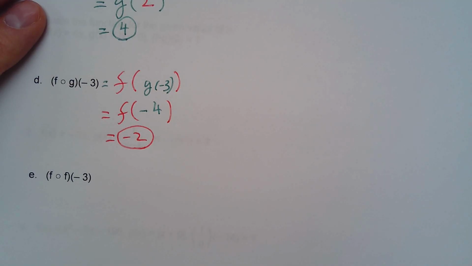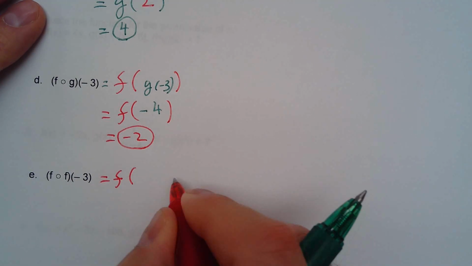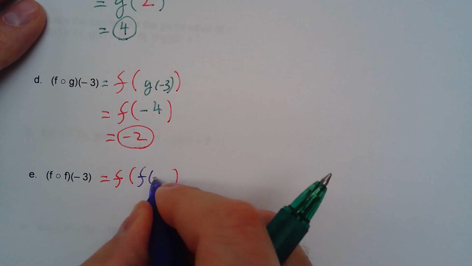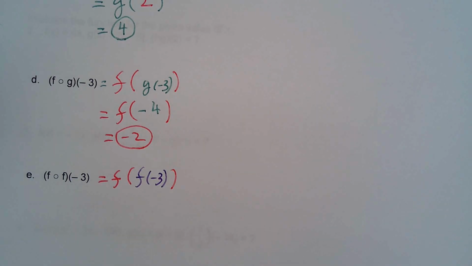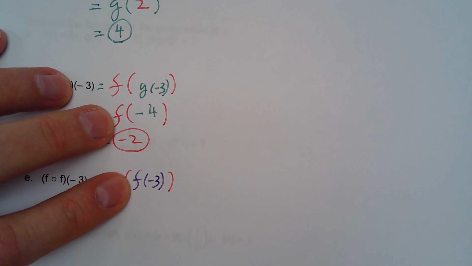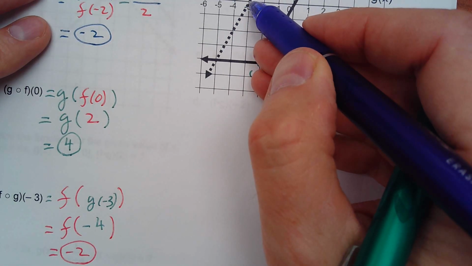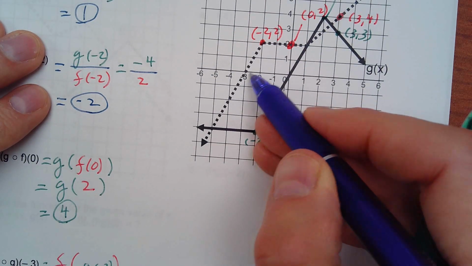All right, this last one's a little bit weird. So let's take it step by step. So this is f of f of negative 3. So it's like I'm applying the function twice. It's kind of weird. All right, well, let's just look at figuring out what the inside is. f of negative 3. Well, my y value is going to be 0 here if I look it back up in my graph.